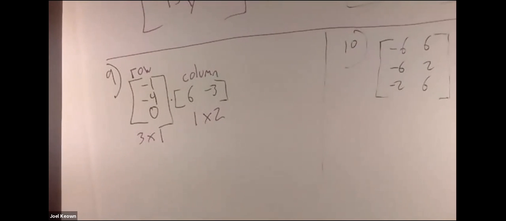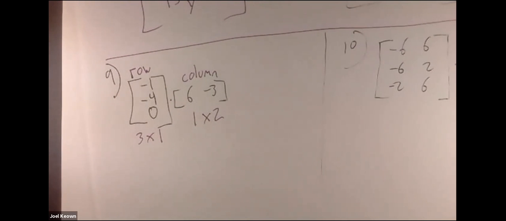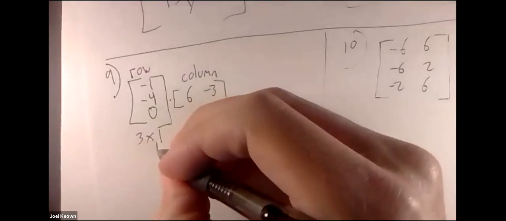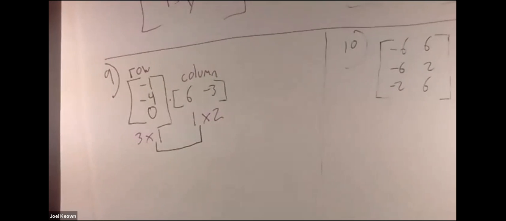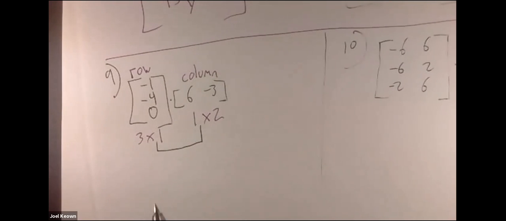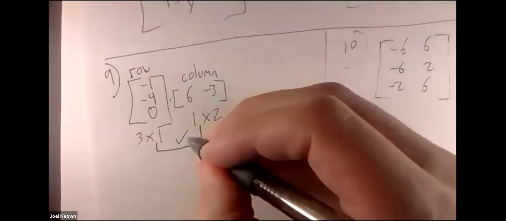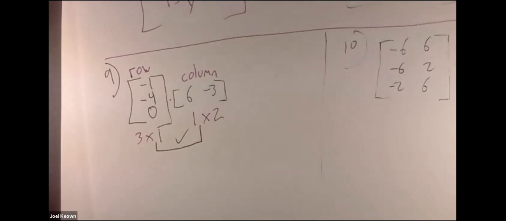Okay? Now, for matrices, some multiplication problems I cannot actually do. They're undefined. I can figure out whether I can multiply these two matrices together by whether or not those two numbers, the inside numbers, match. Well, 1 and 1 are the same, so yes, I can multiply these.